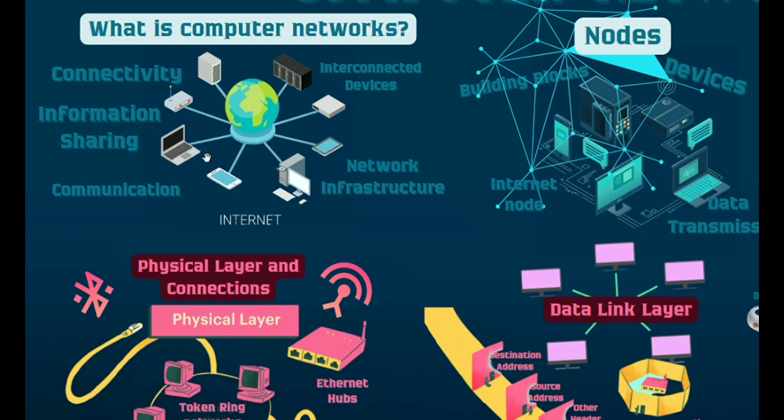To make this possible, networks rely on specialized network infrastructure, including hardware like routers and cables, as well as software protocols. By leveraging computer networks, individuals and organizations can stay connected, share ideas, and collaborate efficiently regardless of distance.